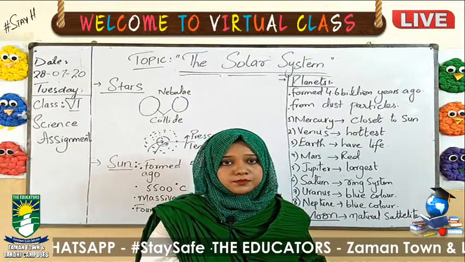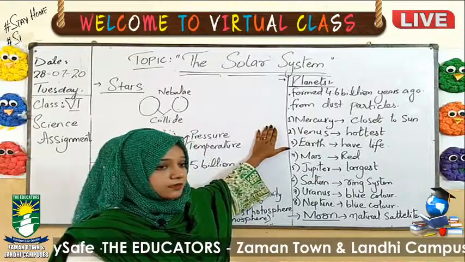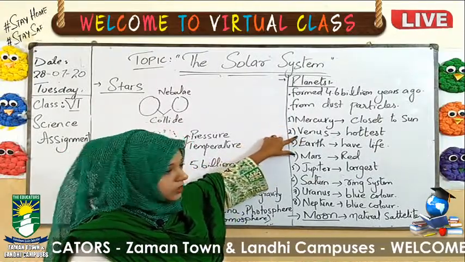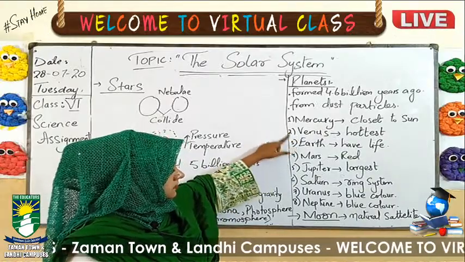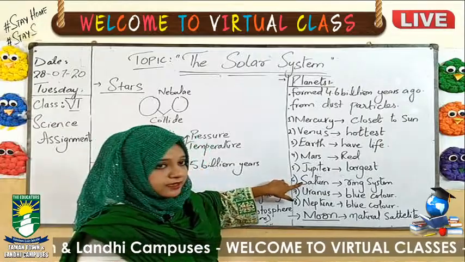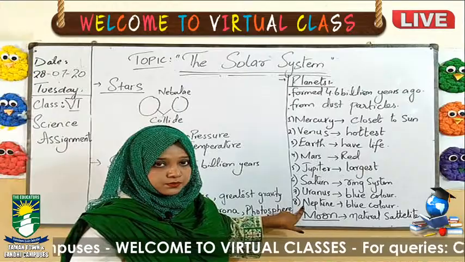So it is now considered a dwarf planet. The planets we can see in our solar system are Mercury, Venus, Earth, Mars, Jupiter, Saturn, Uranus, and Neptune.